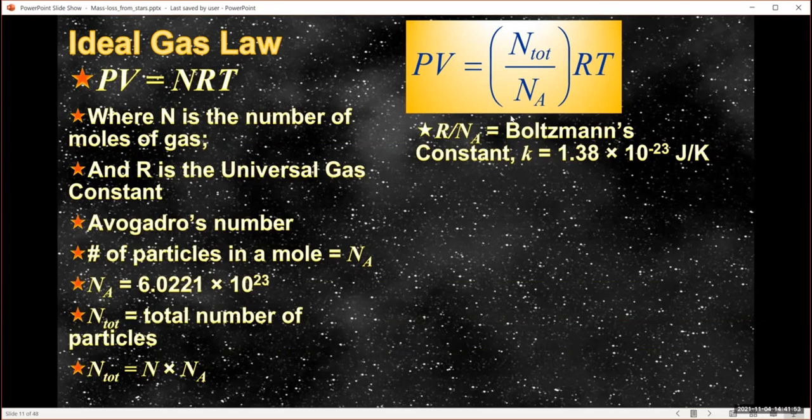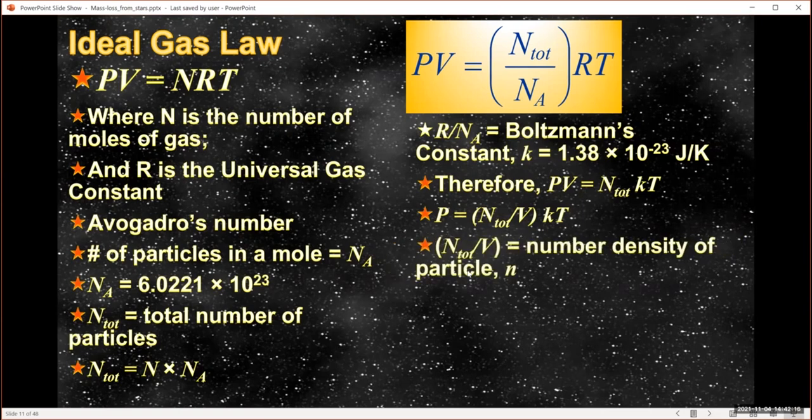And now we're going to take the universal gas constant and Avogadro's number, and one over the other gives us Boltzmann's constant, k. And so that simplifies this further. So now we have PV equals N tot kT. Now we're going to take the volume and divide that out. So now we've got P equals N tot over V times kT. But N tot over V is just the number density of particles.